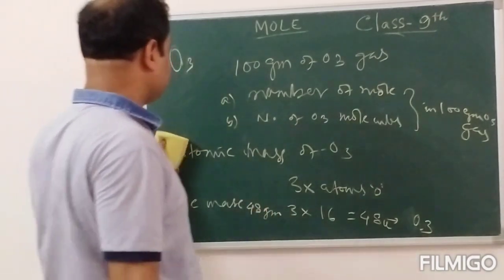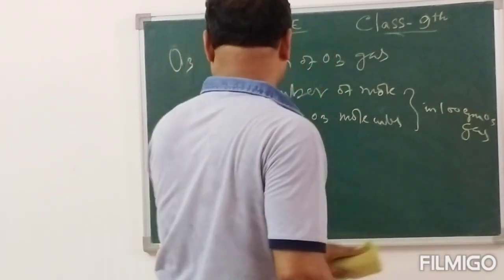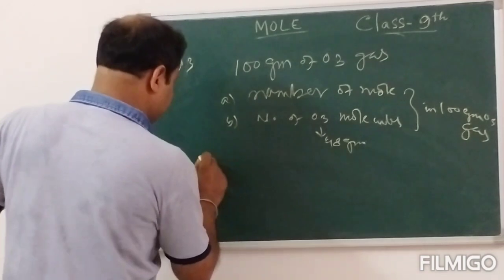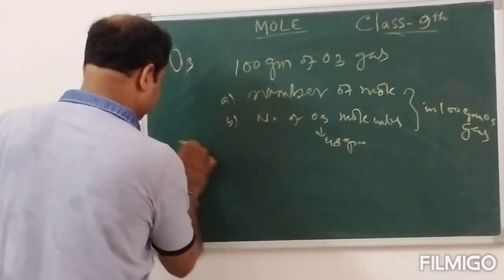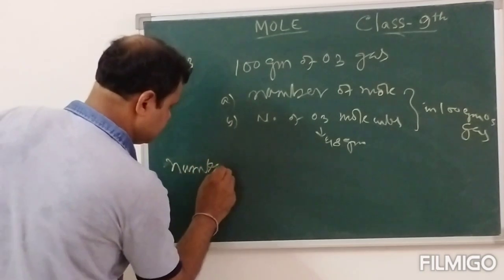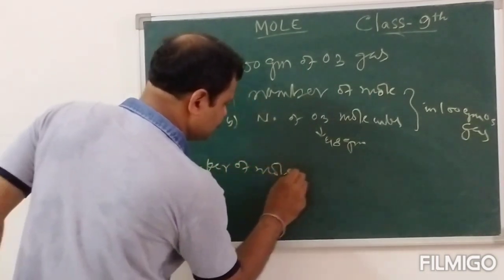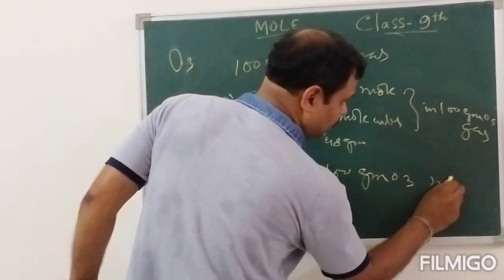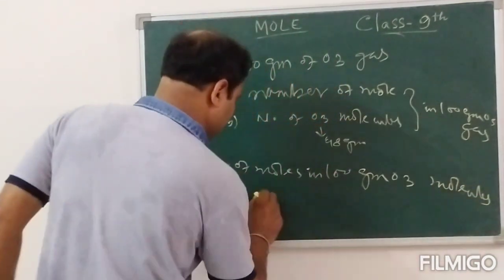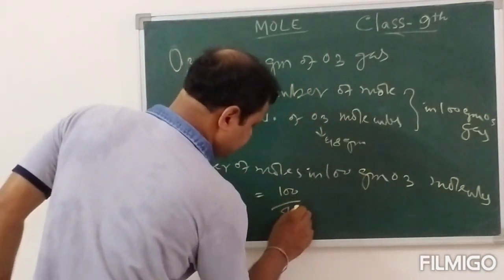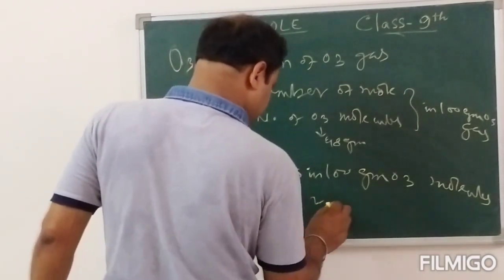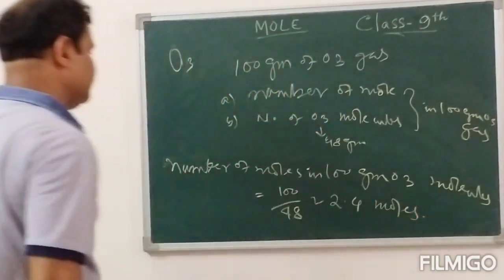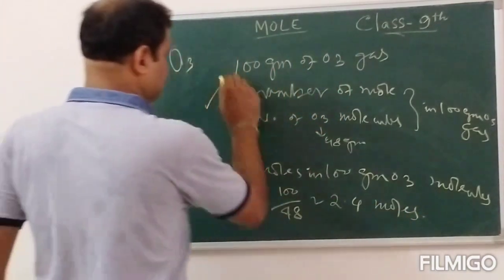Very simple. We have 100 grams, so the number of moles in 100 grams of O3 molecule will be 100 divided by 48. It is coming around 2.4 moles. Okay, so this is answer number 1.